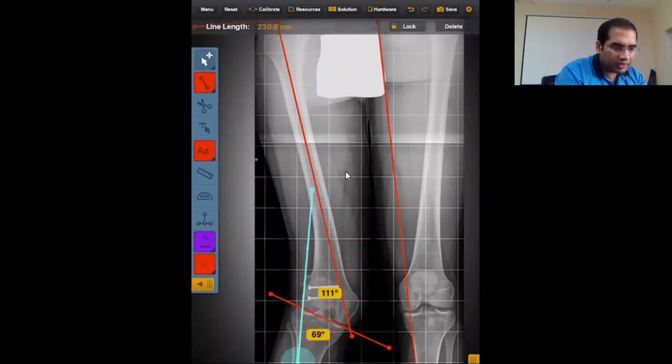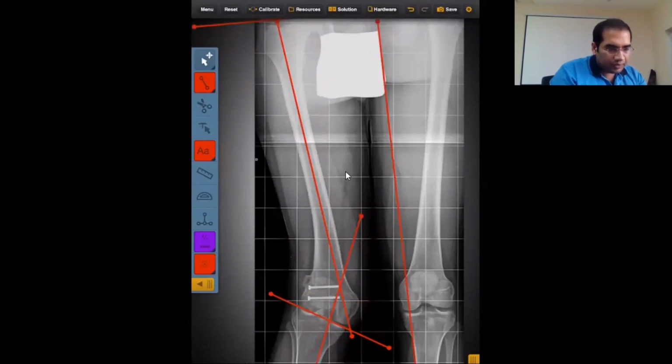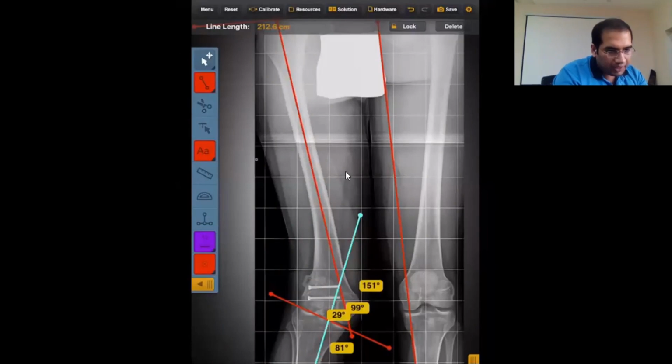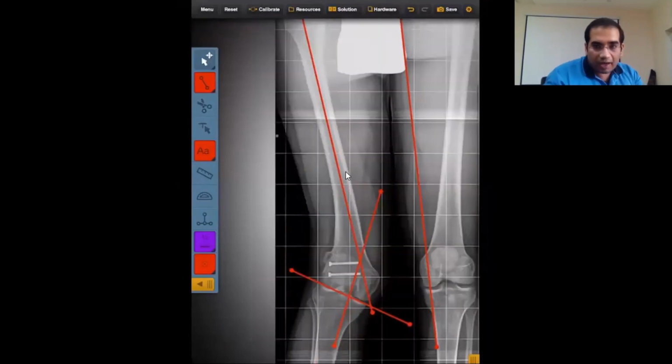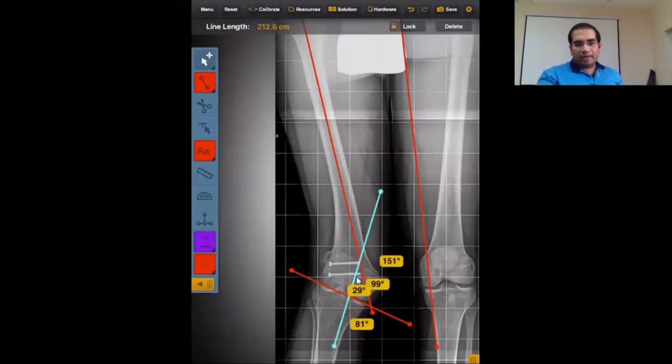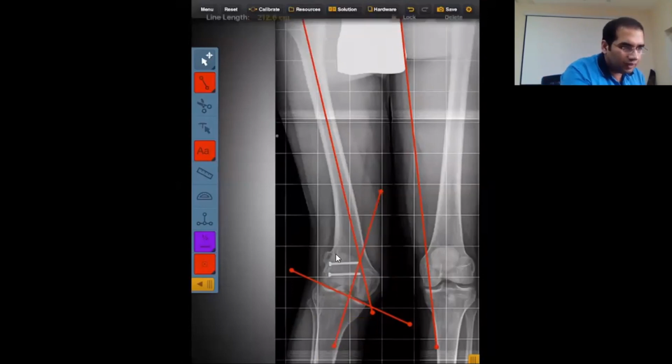I'm going to draw a reference line at 81 degrees, just medial to the notch, in line with the medial tibial spine, and I've gotten the deformity of 29 degrees, and the location is in the supracondylar area.